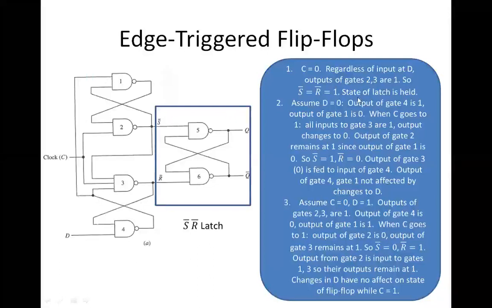So output of gate 4 is 1. We have seen that. Then the output of gate 1 is 0. Why is it 0? Because S bar was 1. 1 into 1, 1. So 0. Students following, or you want me to annotate?